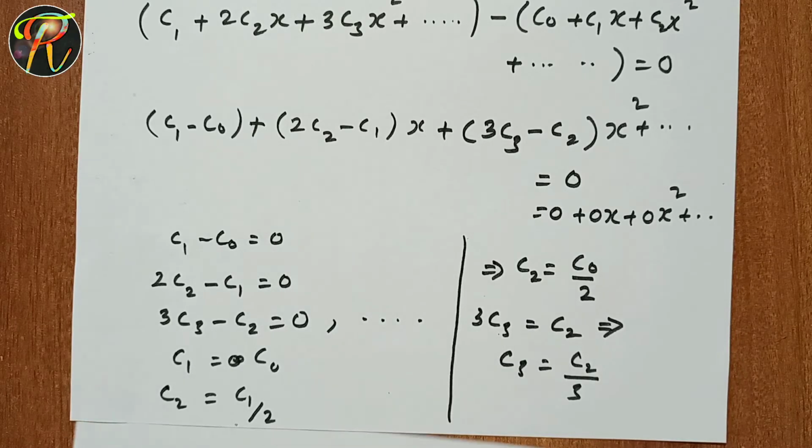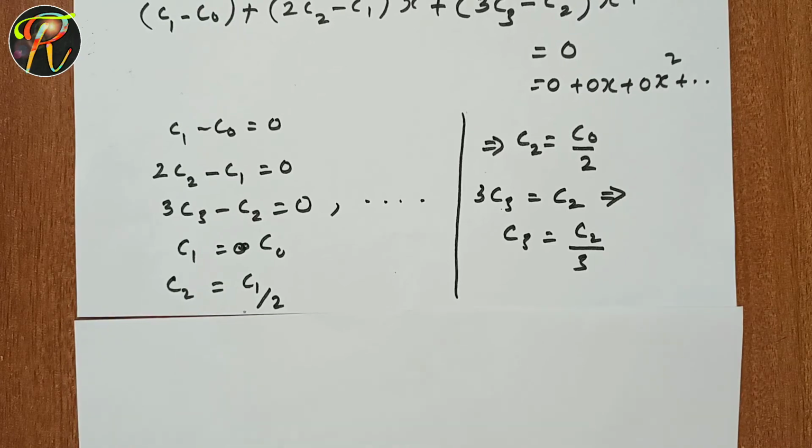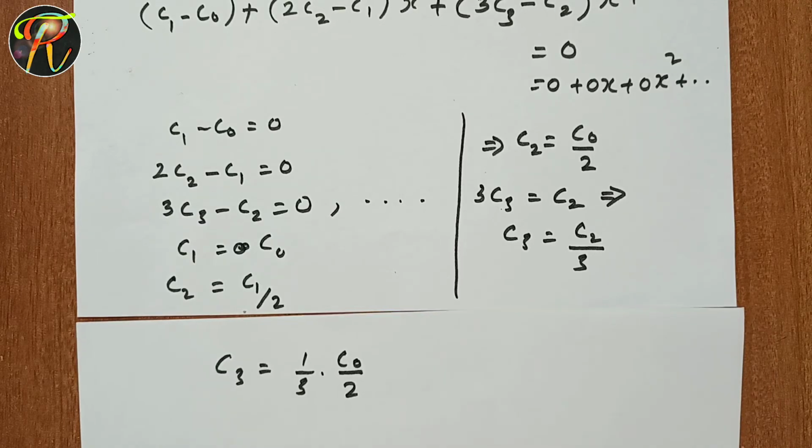Here c3 is equal to c2 by 3 and c2 is equal to c0 by 2. So c3 is nothing but 1 by 3 times c0 by 2. Similarly we can calculate all the constants in terms of c0.